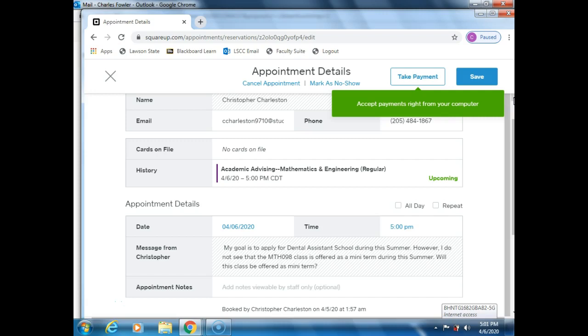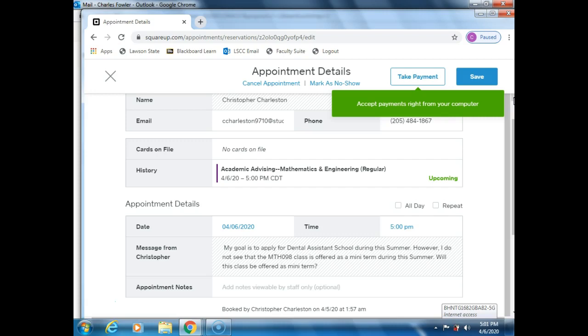The answer is no, because the summer term is already a 10-week term. A mini term would be 5 weeks, and a math course in 5 weeks, especially a developmental math course, would be, I would think, incredibly difficult to accomplish. So we don't offer those for a mini term class in the summertime.